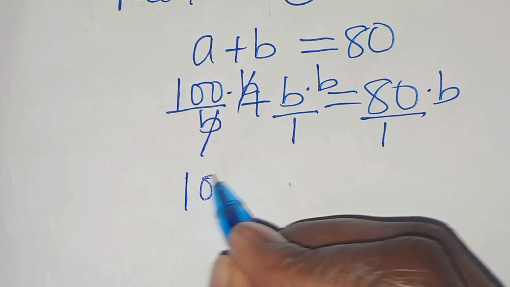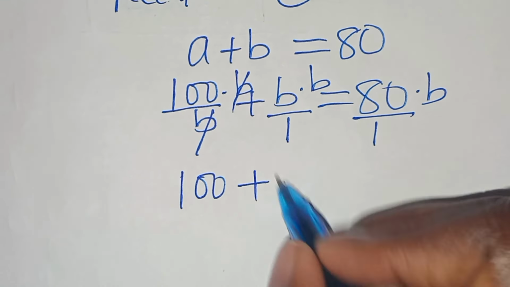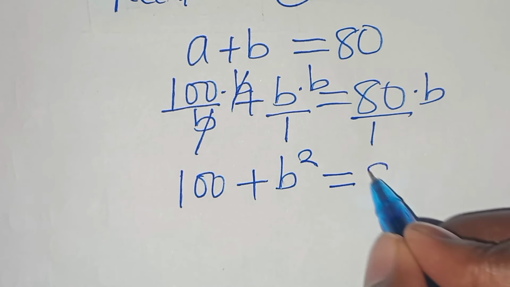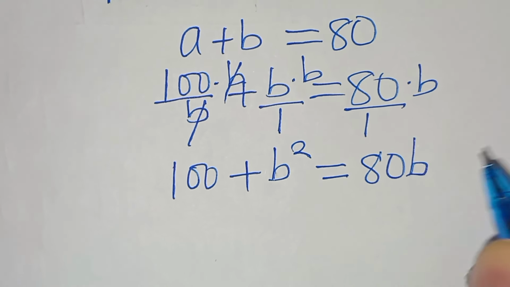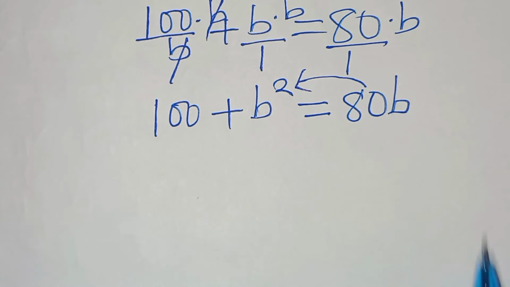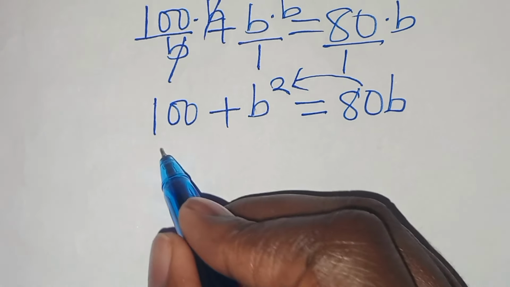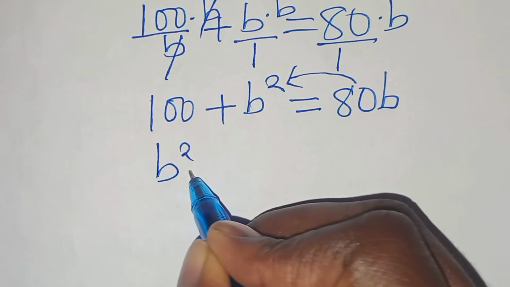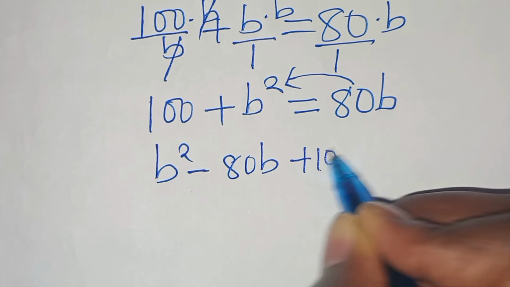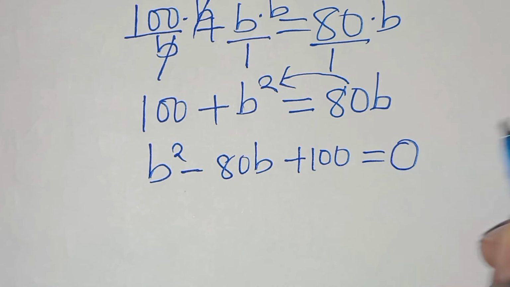So we have 100 plus b times b, this is b squared. This is equal to 80 times b, which is 80b. So let's take 80b on the left hand side so that we have b squared minus 80b plus 100. This is equal to 0.